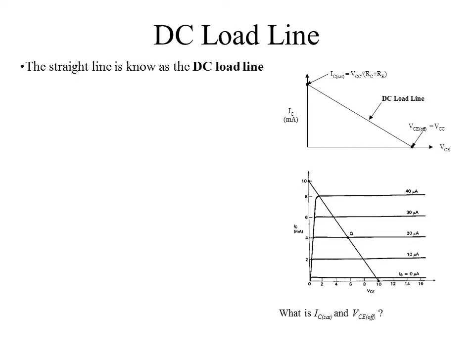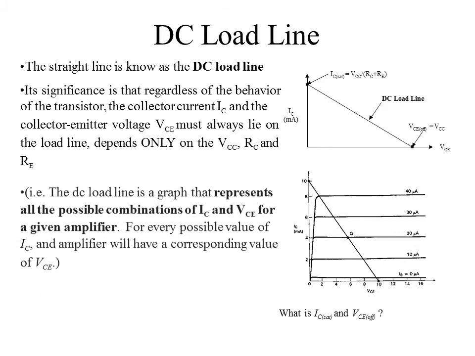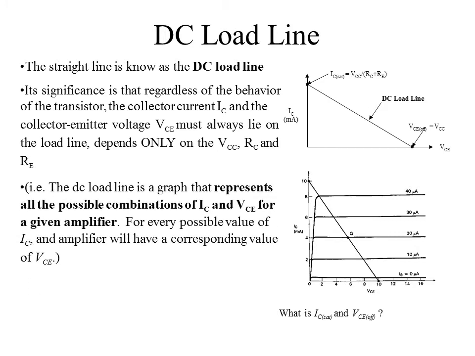DC load lines, once again explained. The straight line is the DC load line, and its significance is that regardless of the behavior of the transistor, the collector current and the collector emitter voltage always lie on the load line. That is a very important point, so you have to make a note. The DC load line is a graph that represents all the possible combinations of IC and VCE for a given amplifier.